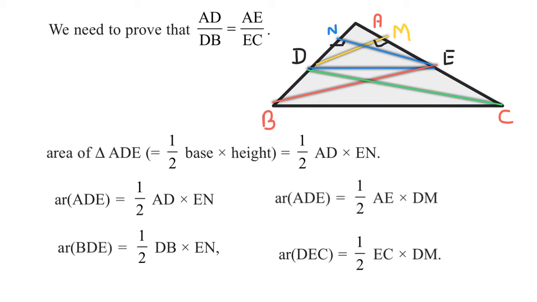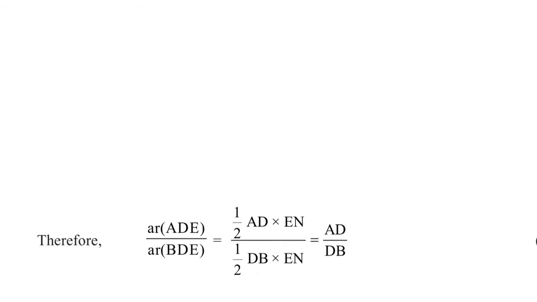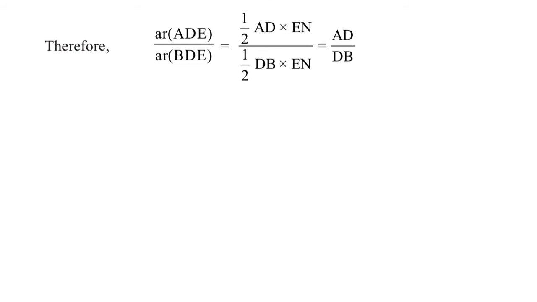So we have figured out what are the areas of ADE, BDE, DEC. So what will be the area of the triangle ADE over BDE? We know that ADE is half AD times EN and the area of BDE is half DB times EN, and EN cancels, half cancels, so we will have AD over DB.